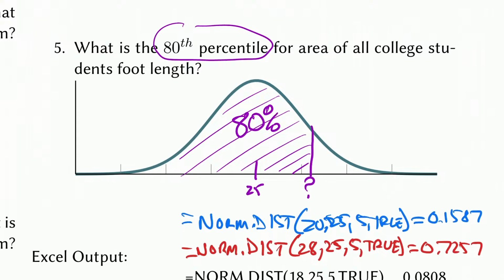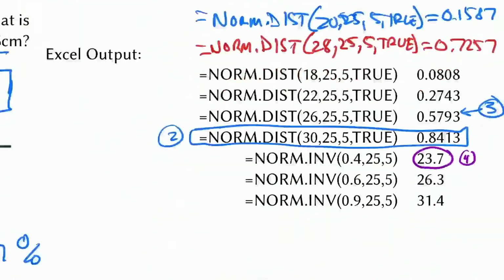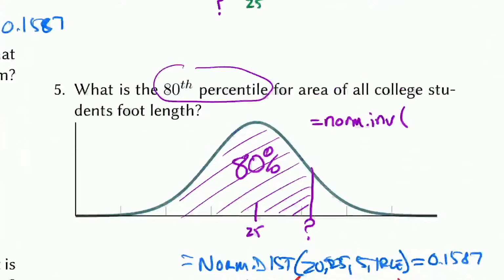Fortunately for us, Excel will be happy with our 80th percentile. So this will be norm.inv. By the way, you do not have to write all of this. You just have to write down the correct answer, provided I have the answer on my table, which I don't for this one, sadly. But this will be 0.80, 80%, and then 25 and 5.